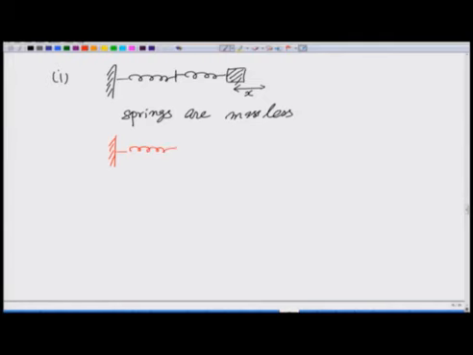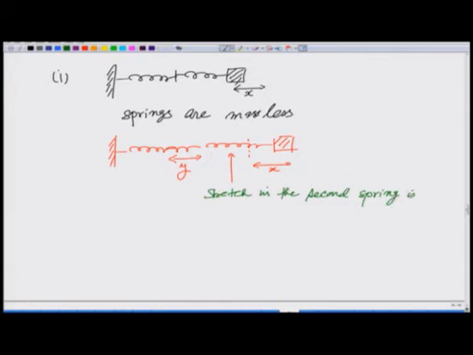The first spring, let us say, gets stretched by an amount y. This mass has been moved from the initial position by x, and therefore, the stretch in the second spring is x minus y. Okay, so, the spring gets stretched by x minus y.